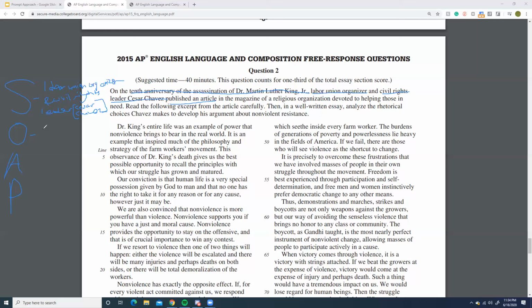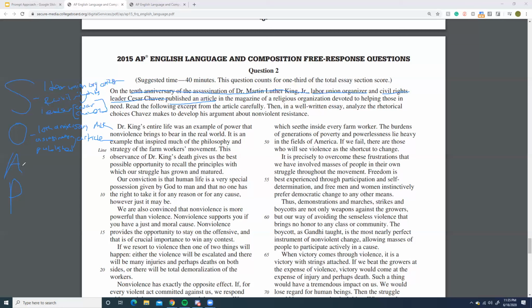So I would write 10th anniversary, MLK assassination, article. Okay, so that's the occasion: on the 10th anniversary he published an article.